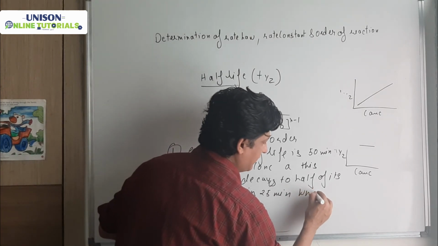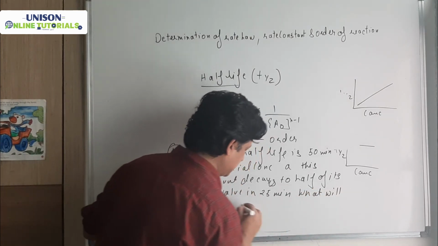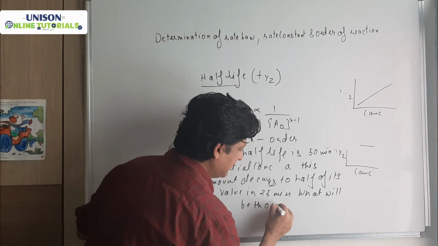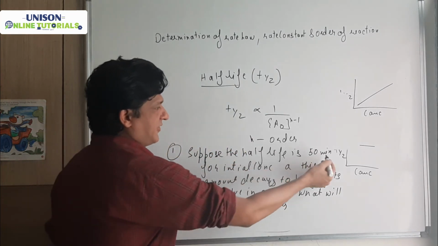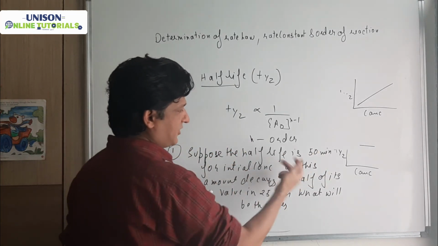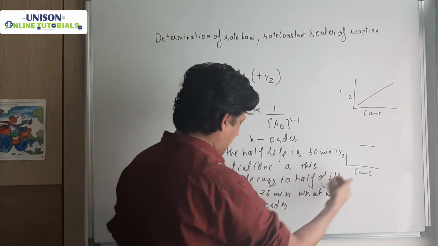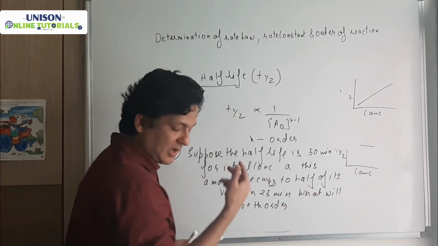What will be the order? So clearly he is saying the half-life is 50 minutes for the initial concentration A, and this amount decays to half of it in 25 minutes. What will be the order?